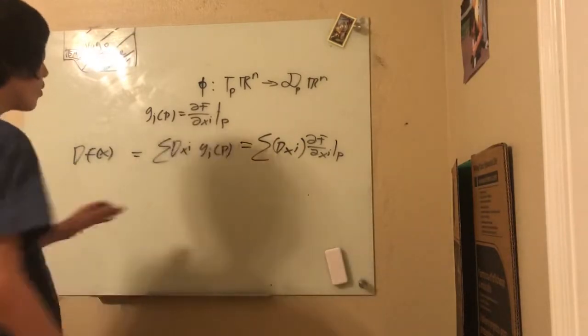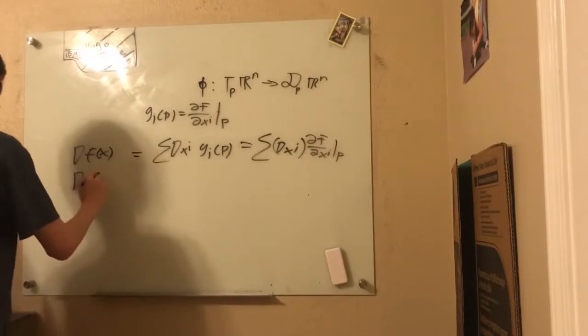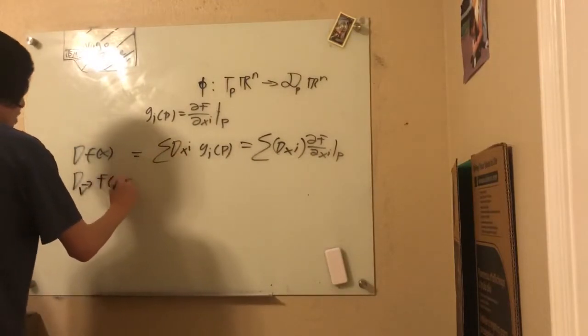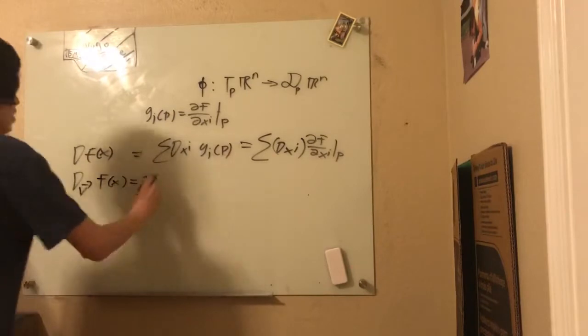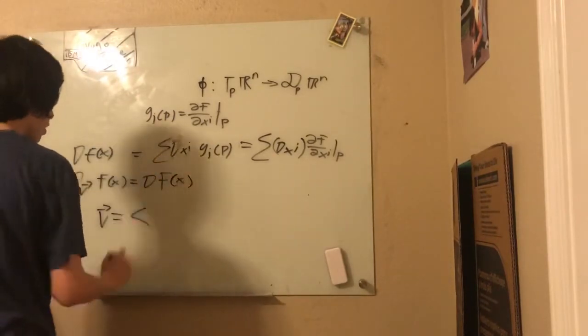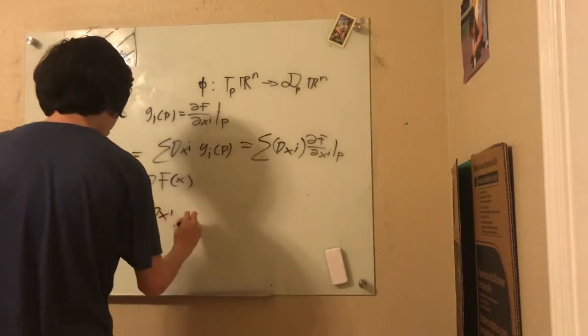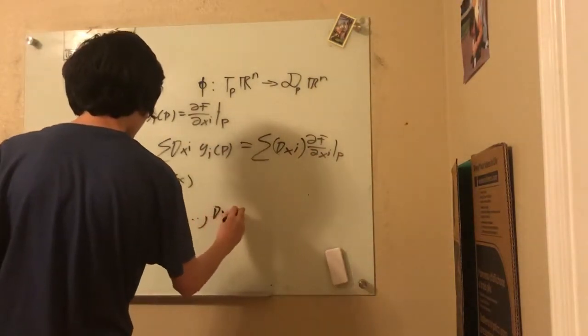So what this implies is that d of v of f of x is going to be equal to d of f of x for v equaling d of x1 all the way to d of xn.